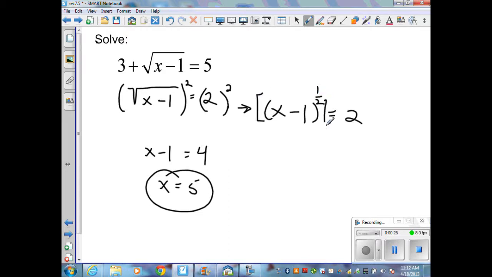Therefore, what I did is square both sides, as I did in this section. Therefore, 2 times 1/2 gives us a good visual representation that would be x minus 1 to the first power, or just x minus 1, which equals 4. And eventually, I would get x equal 5. So our goal is to get that exponent, which is fractional, to equal 1.